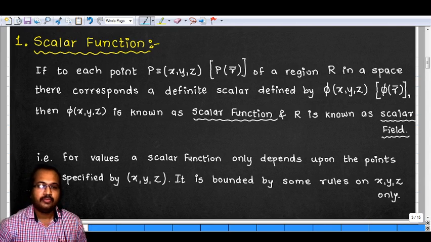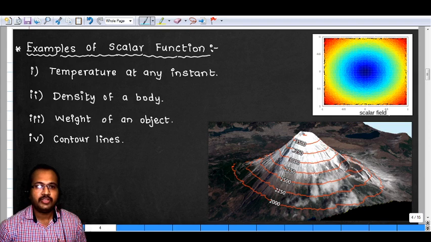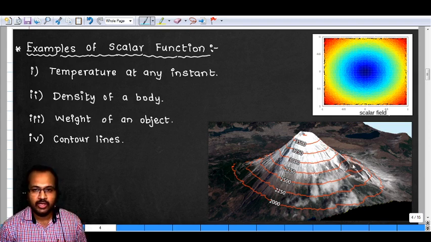For example, if we consider the temperature at any instant of a body, then it is defined by a simple number. That is, if we consider the temperature of that object is 45 degrees Celsius, then that number 45 will give us the complete idea regarding the temperature of an object at any particular instant.